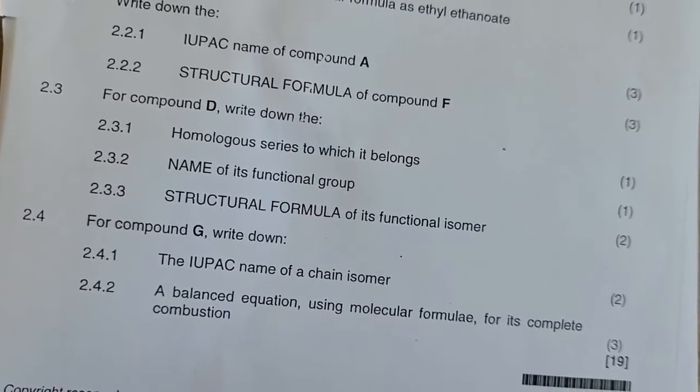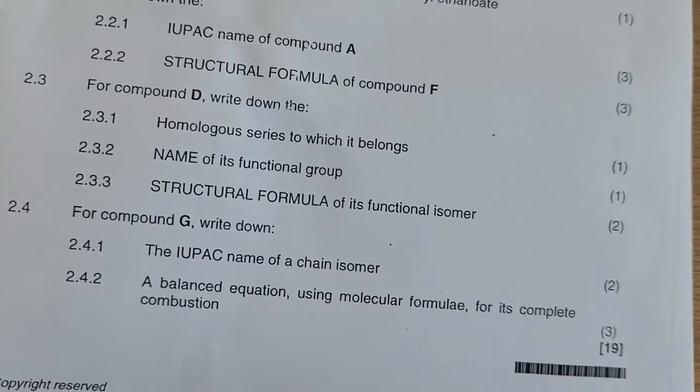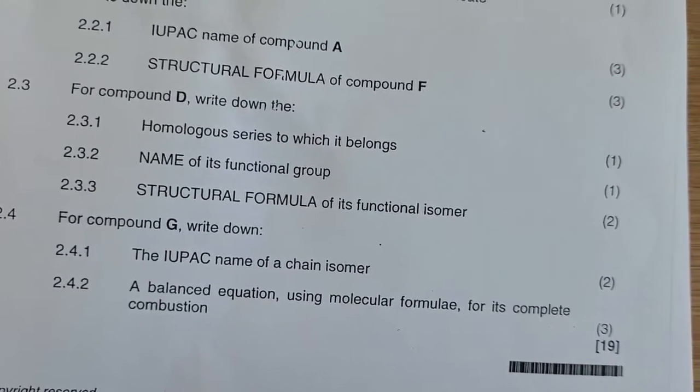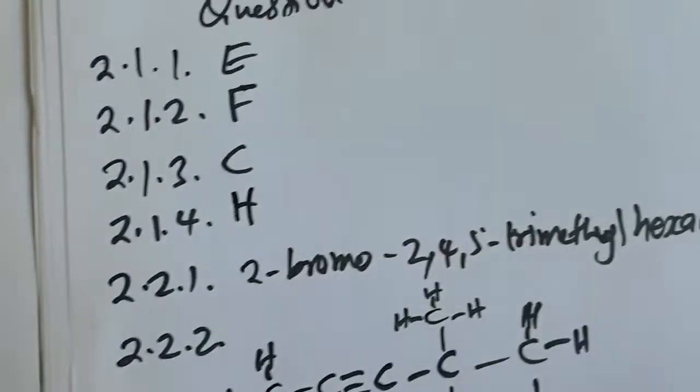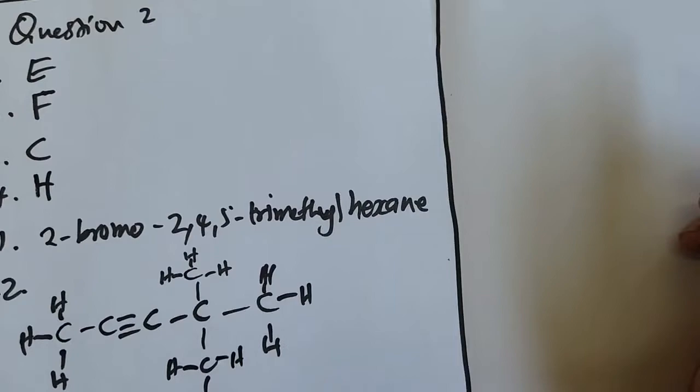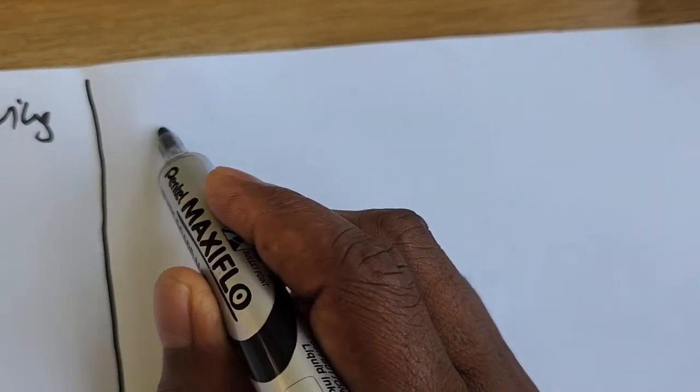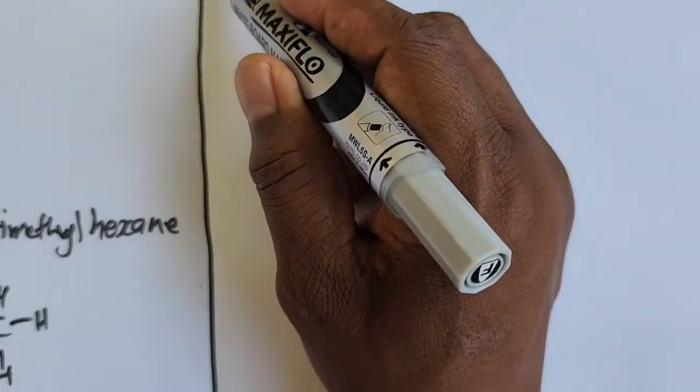Now the easiest one. Write down the balanced equation using molecular formulae for its complete combustion. We can balance this one in 10 seconds if you know how. This is 2.4.2.